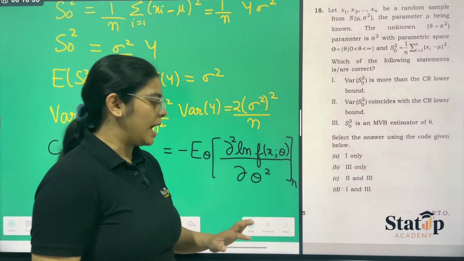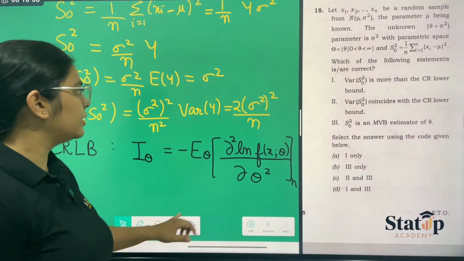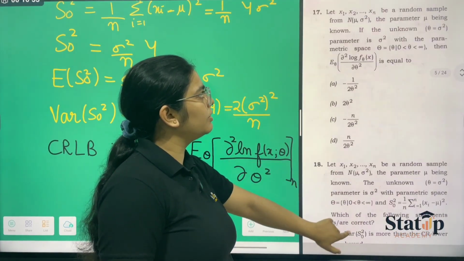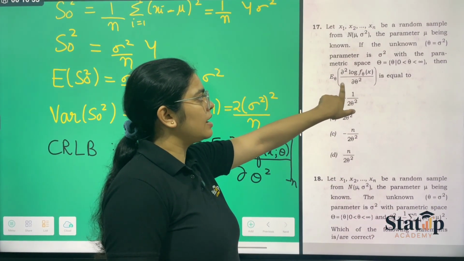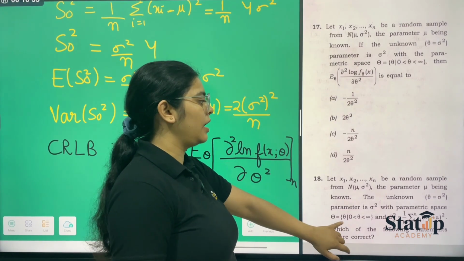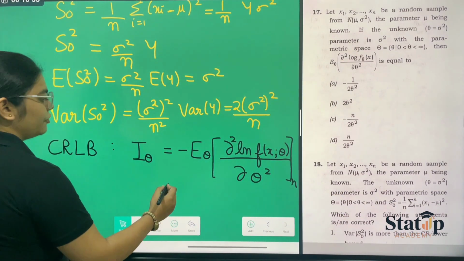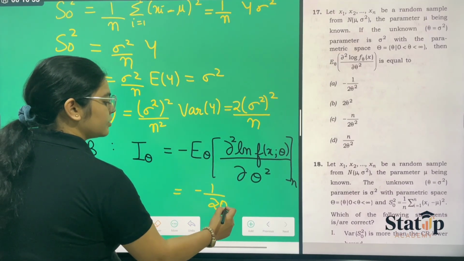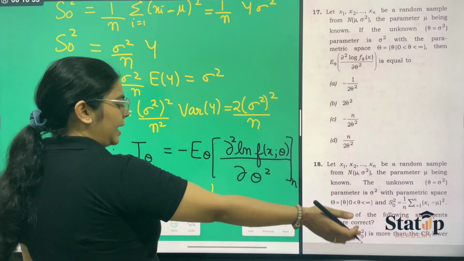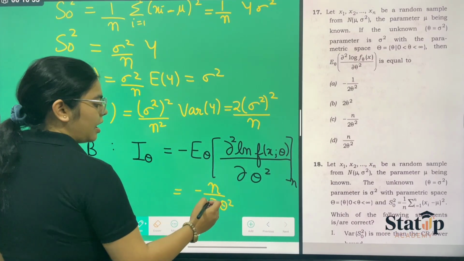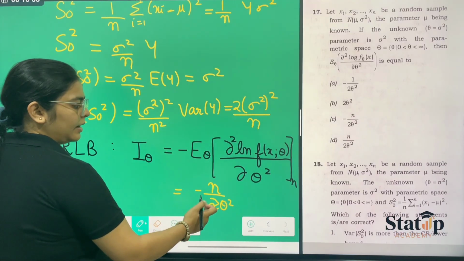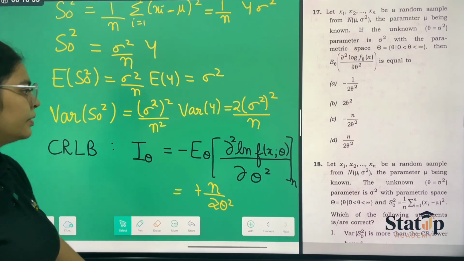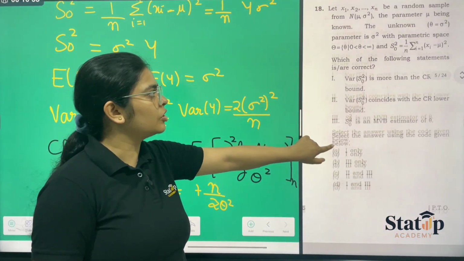There is one similarity between this question and the previous question: in both, they have given us a normal distribution, and previously also we calculated the Fisher's information. Previously the value came as minus 1 upon 2 theta square, but here we are calculating for n terms, so it will be minus n upon 2 theta square, but the minus sign will get cancelled and this will be positive. N upon 2 theta square will be the answer for Fisher's information.